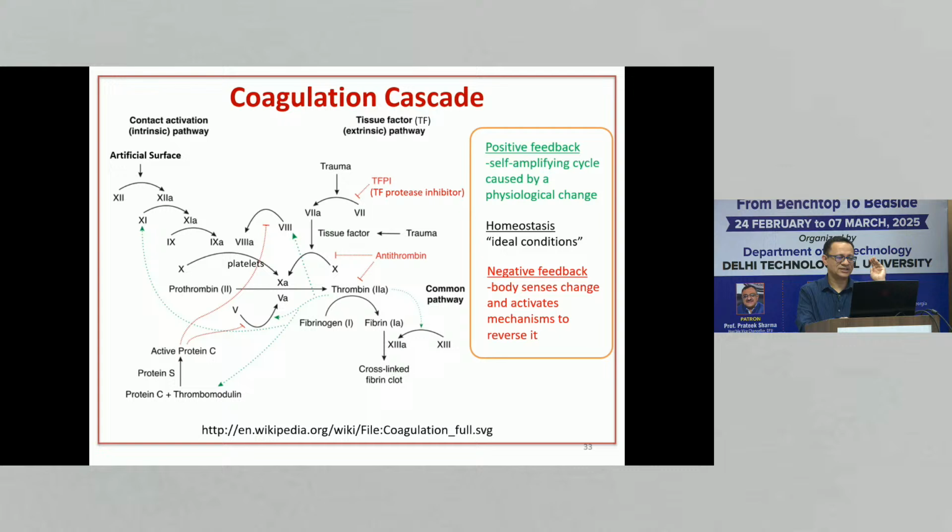But another interesting thing happens. If you see these little bit red arrows, red stuff here, the body is so smart that it's starting the negative feedback loop also. They are already preparing how to stop this from happening also. Because see, if this clotting keeps going on, that's a problem, right? So thrombin is starting to make antithrombin also.